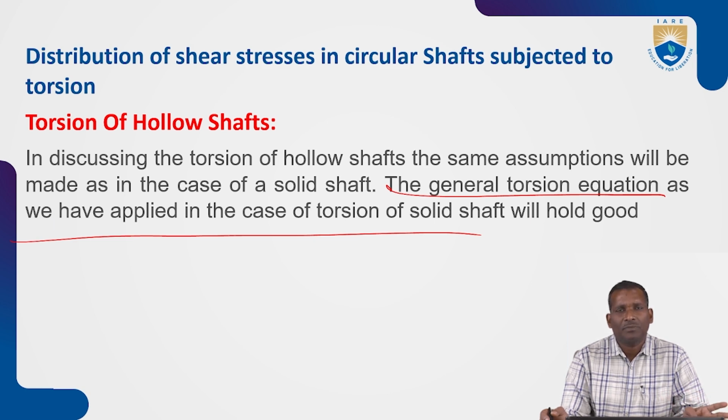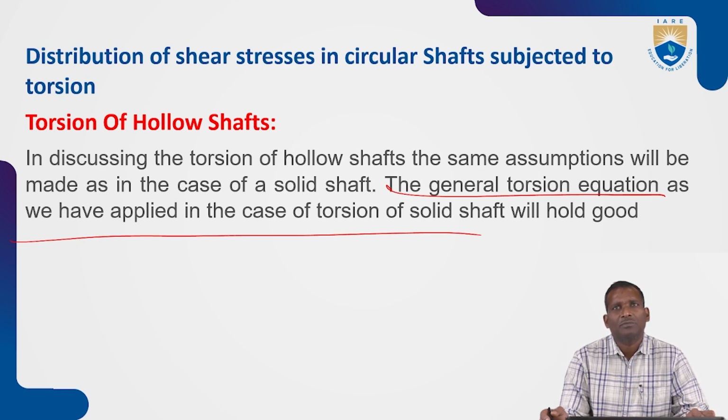What are the assumptions? Assume the material is homogeneous, having homogeneous properties, and the cross section is uniform. The material has the elasticity property, and you should follow Hooke's law.